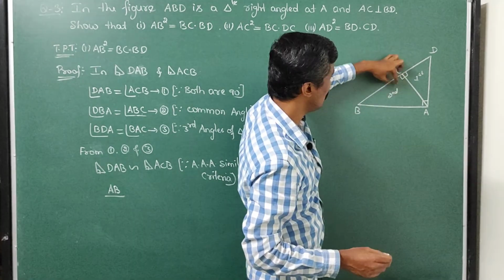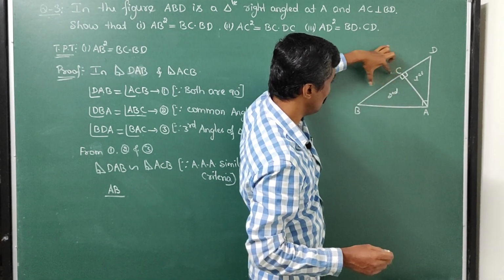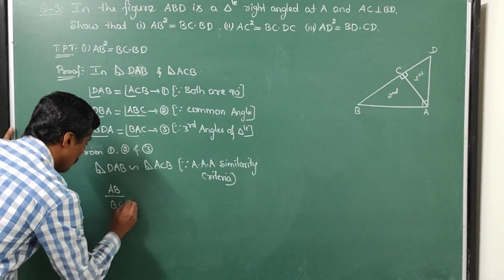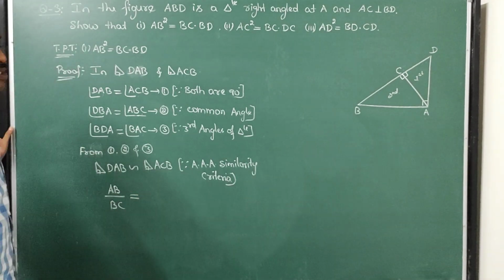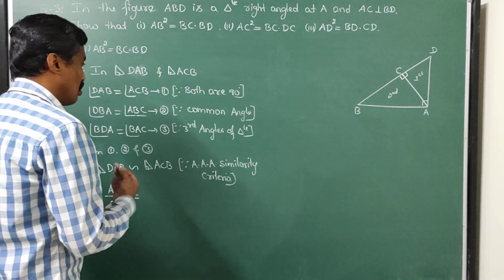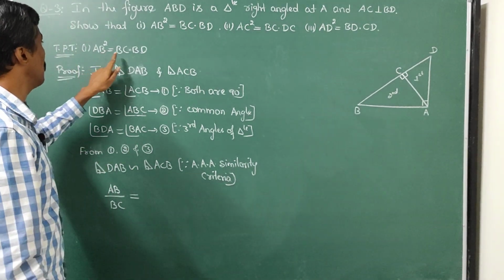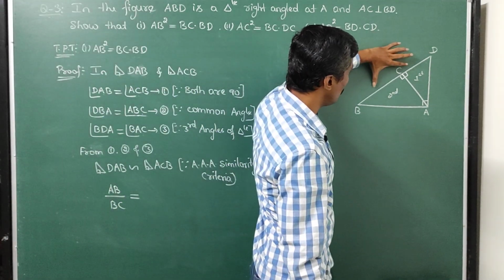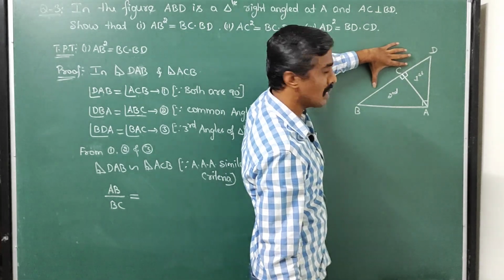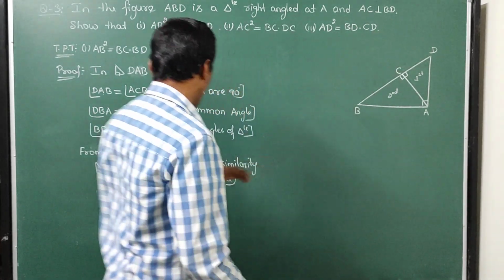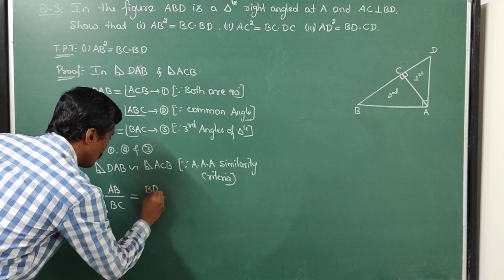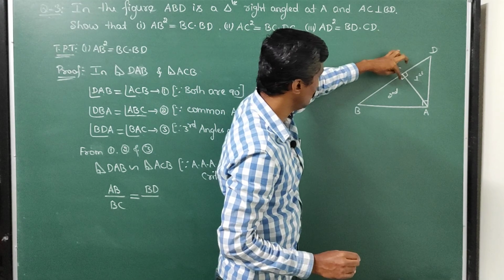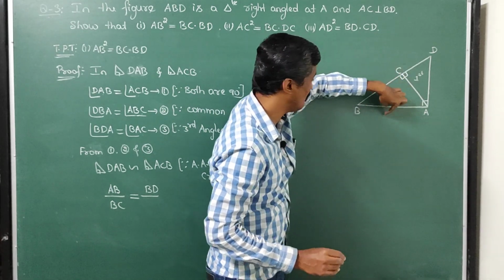This is the biggest side for the second part because it's the hypotenuse. Second smallest divided by second smallest is equal to what we required, BD. What is BD in the bigger triangle? It is the hypotenuse, correct? So BD divided by, in the second part, the hypotenuse, opposite to the right angle C, which is AB.